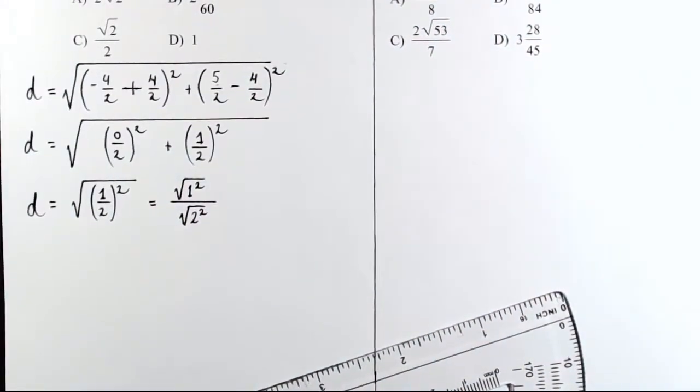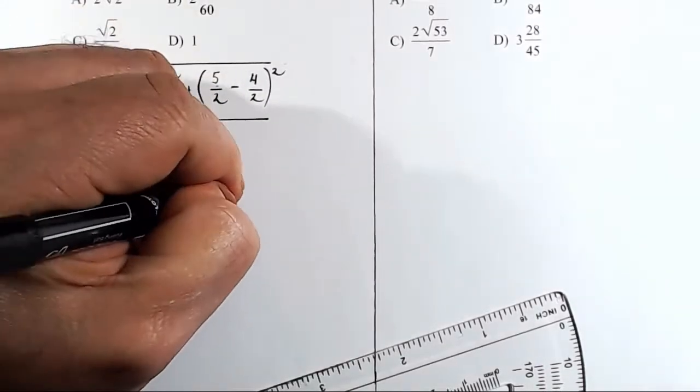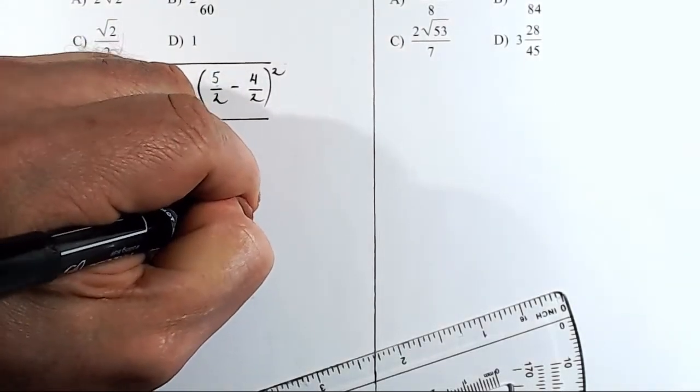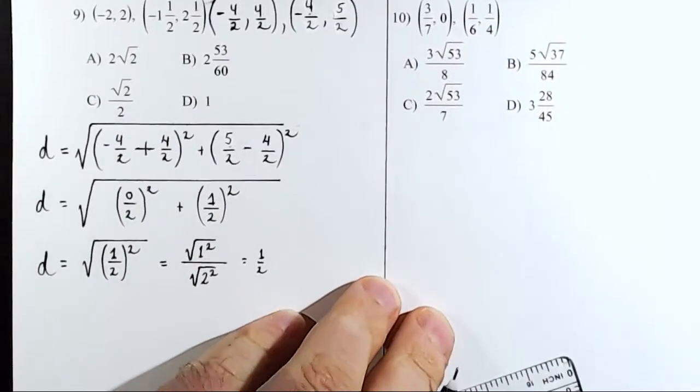This just can't be right, because that would mean that this is 1/2, and that's not an answer choice. So what did I do wrong?